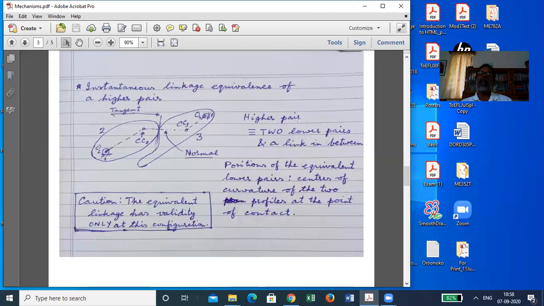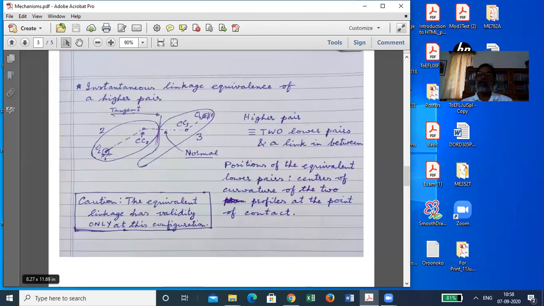So a higher pair can be conveniently replaced with two lower pairs and a link in between in this manner to get an instantaneously equivalent linkage mechanism. So at the centers of curvature, you get the equivalent positions of the two lower pairs that you put in order to replace them.